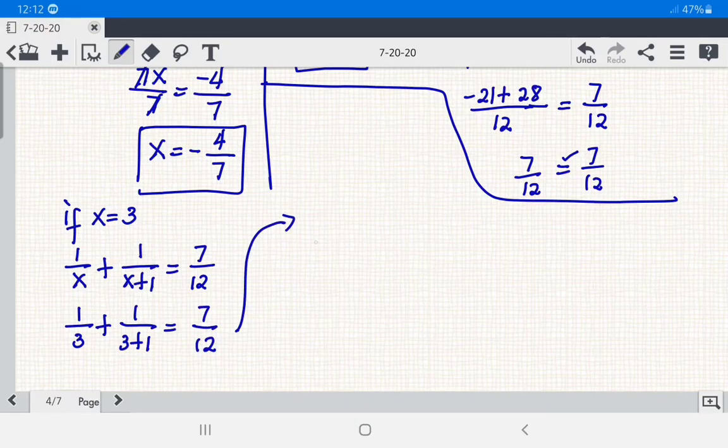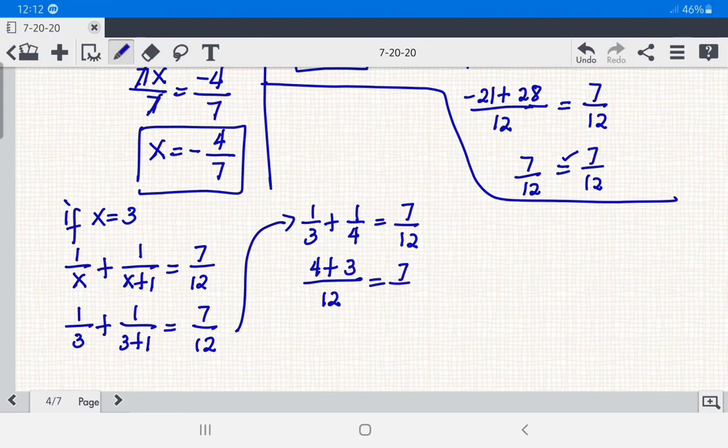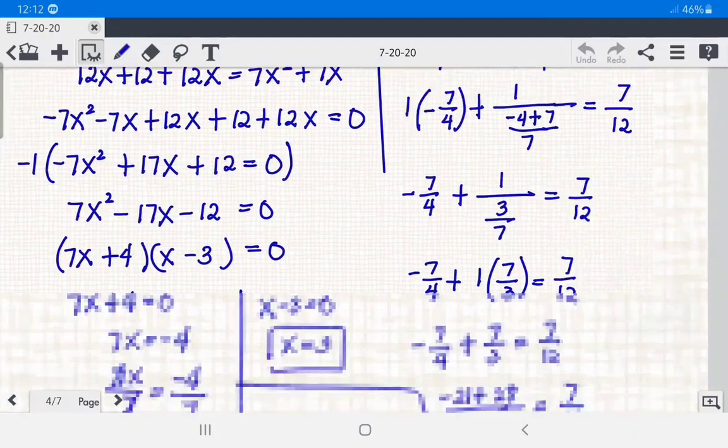Then, we have here 1/3 plus 1 over 4 equals to 7 over 12. Again, we have different fractions. So, get the LCD. We have 12. 12 divided by 3, 4. Times 1, we have 4. Plus 12 divided by 4, 3. Times 1, we have 3. Then equals to 7 over 12. 4 plus 3, we have 7 over 12. Then equals to 7 over 12. Check. Both values of x satisfy the given equation.